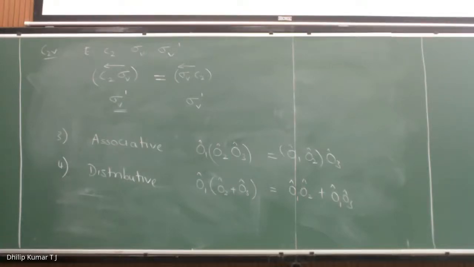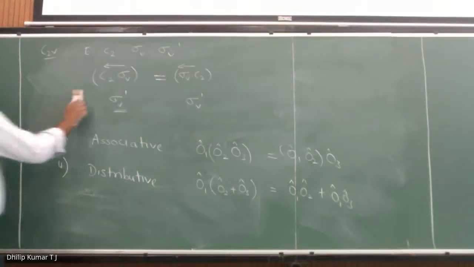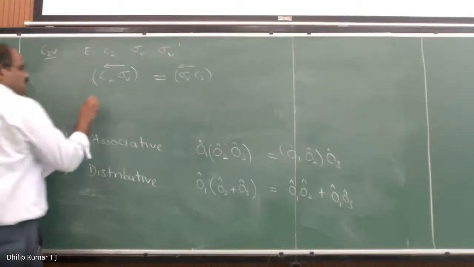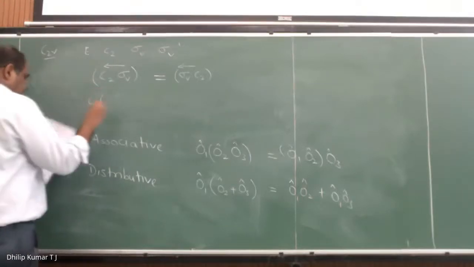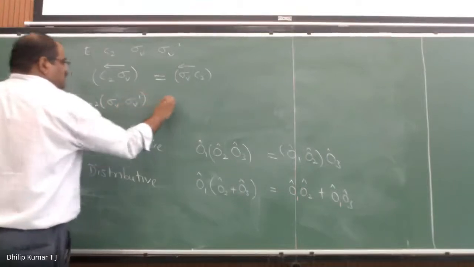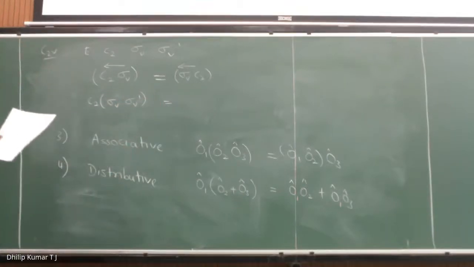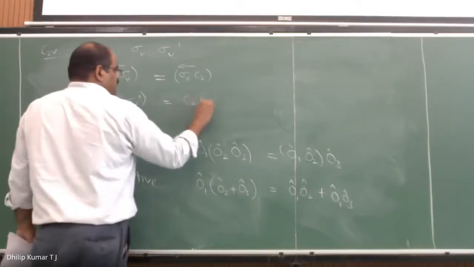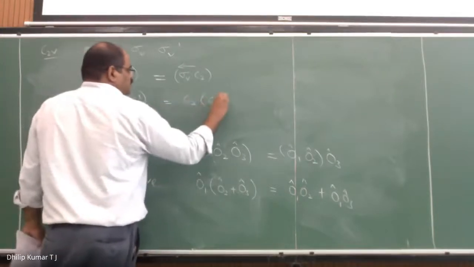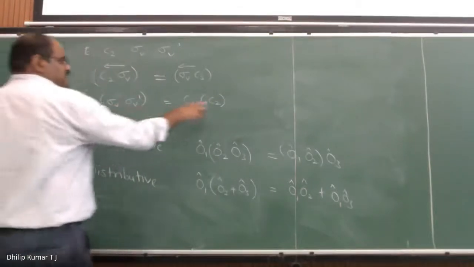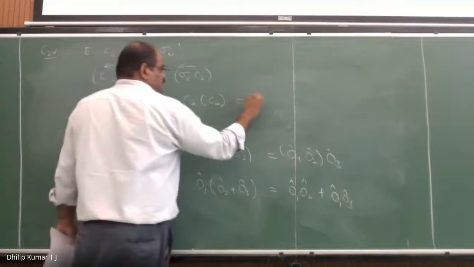If you take a product of three instead of just two, for example C2, sigma v, sigma v prime: if you perform sigma v and sigma v prime first, this is C2, and C2 into C2 results in E. This is the left hand side.